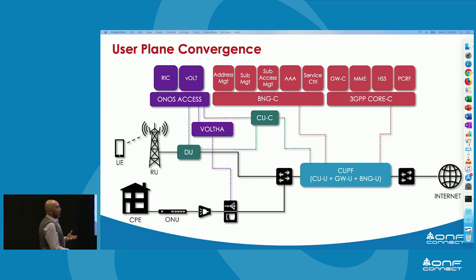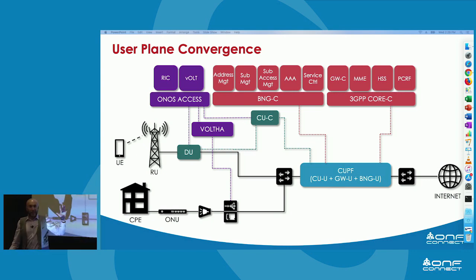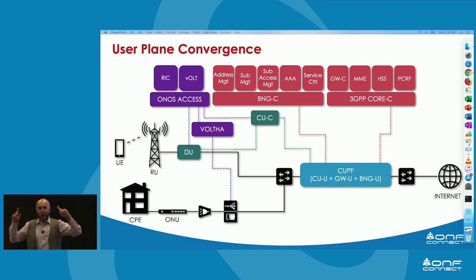Then effectively, I have a user plane function that will need control from three different entities, right? The 3GPP core network control, the RAN control, and the BNG control. So then I need an intelligence here so that based on exactly what packet comes in, it knows which control entity to ask.